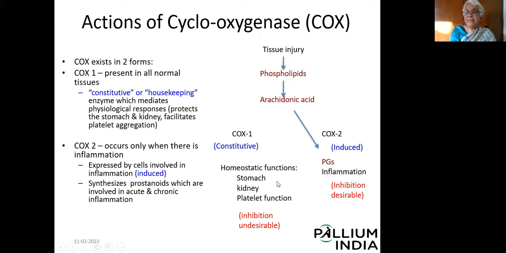This is the one that causes the release of prostaglandins. So when you give a COX inhibitor, it prevents the prostaglandin from being released, and it has an anti-inflammatory effect. That is how COX-1 and COX-2 act. In other words, COX-1 is the beneficial enzyme, and COX-2 is the one that is causing the adverse effect, that is the inflammation.